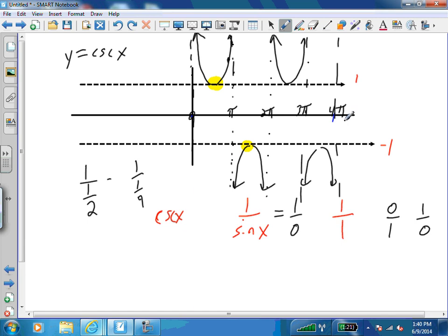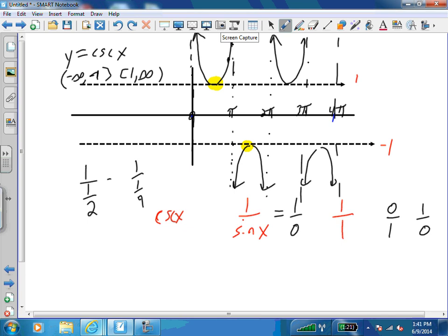Your range, well, you don't have anything in here for your range. So your range goes from 1 to infinity and -infinity to -1, which is kind of weird. So that's your range for cosecant.